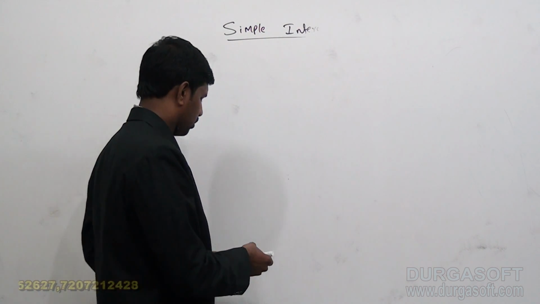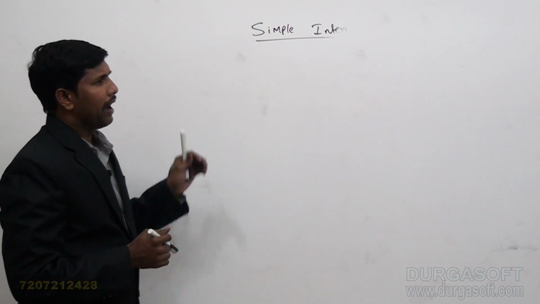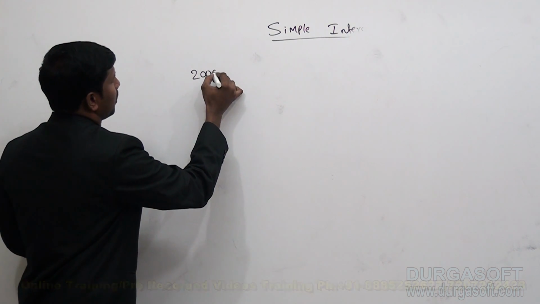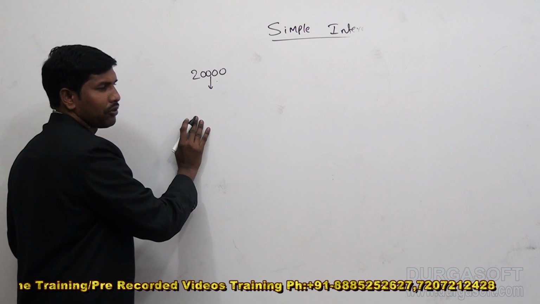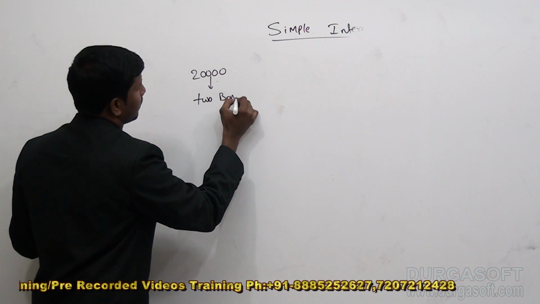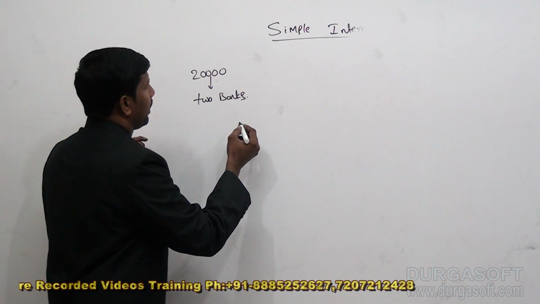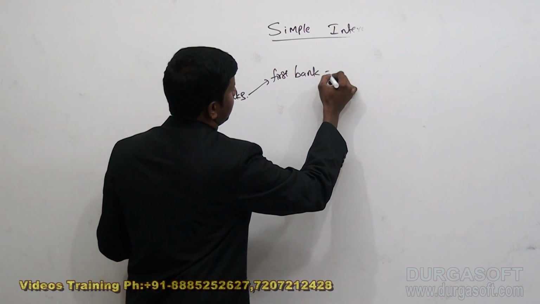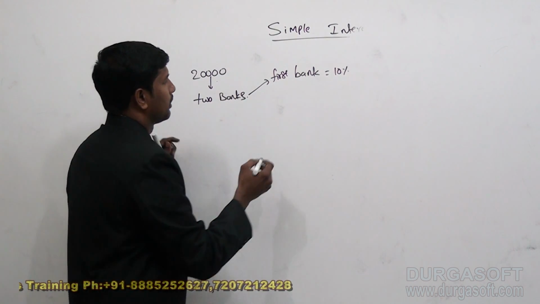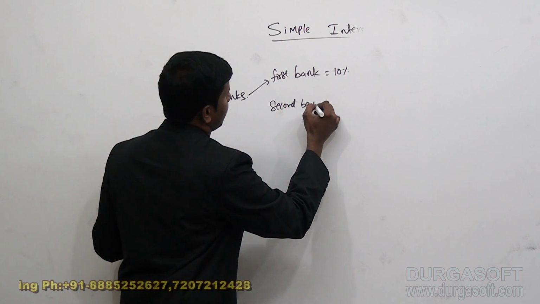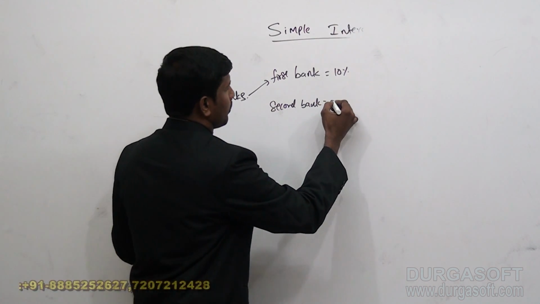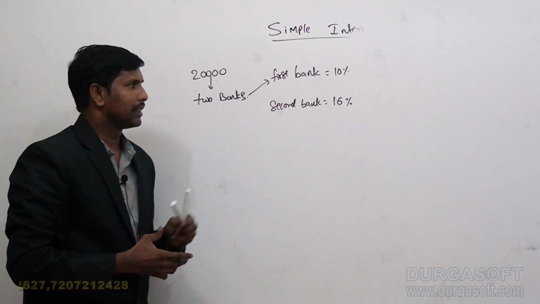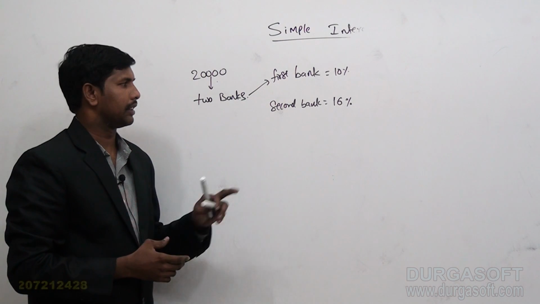Now let us take the next question. A man deposited his total 20,000 rupees into 2 banks, where the first bank pays 10% interest and the second bank is paying 16%.